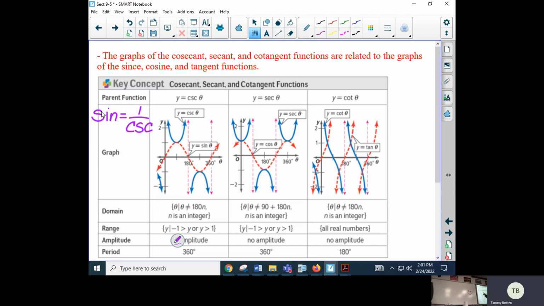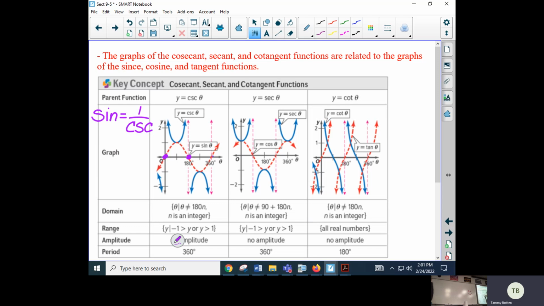So whenever you graph cosecant, you're gonna graph the sine function first. And once you graph that, everywhere that your sine function crosses the x-axis, you are going to have a vertical asymptote.